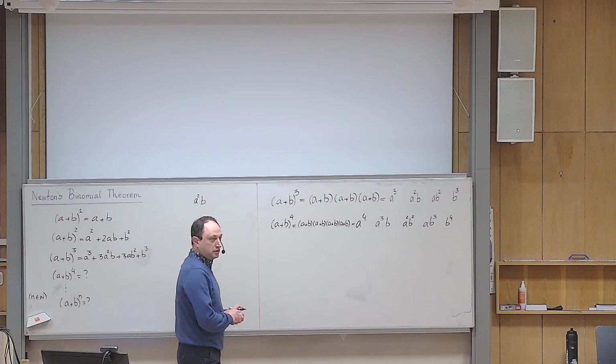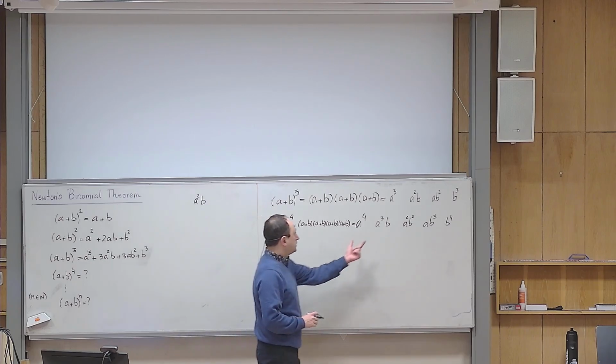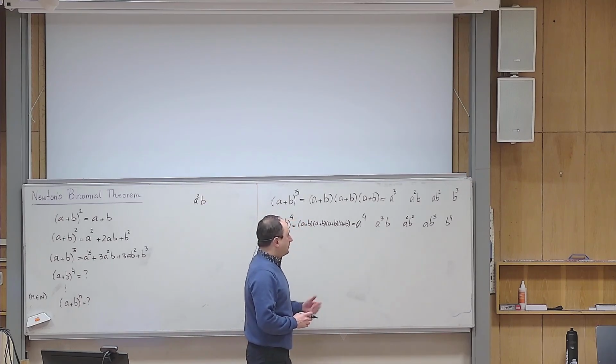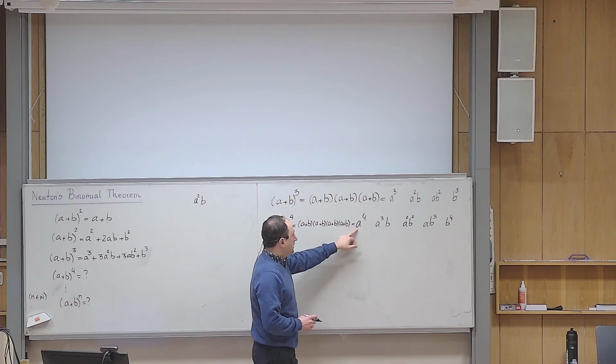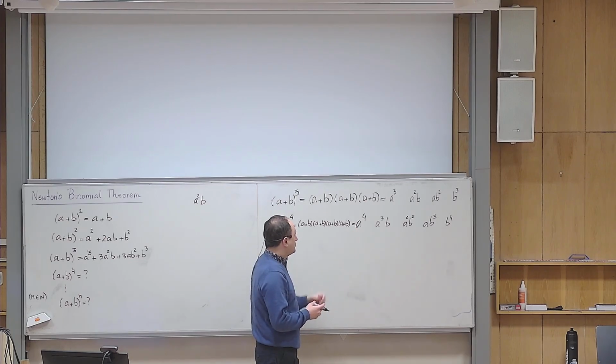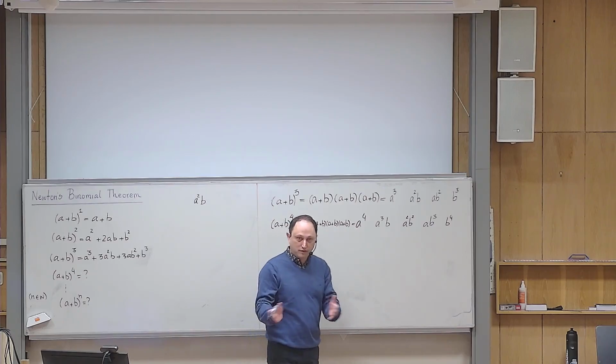For example, can you tell me what is the coefficient of this one? If I ask you what's the coefficient, it means that I need to think how many possibilities there are if I choose 4 A's. When I say I want to choose 4 A's, it means that from this one I choose A, so there is one option. I have to choose A from all of them.